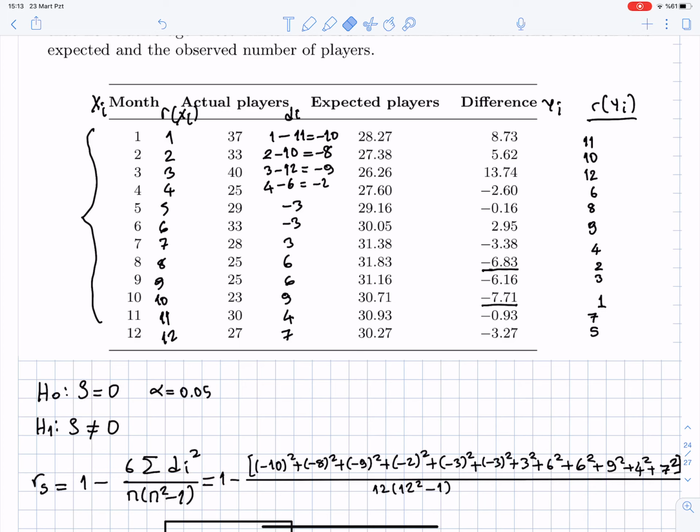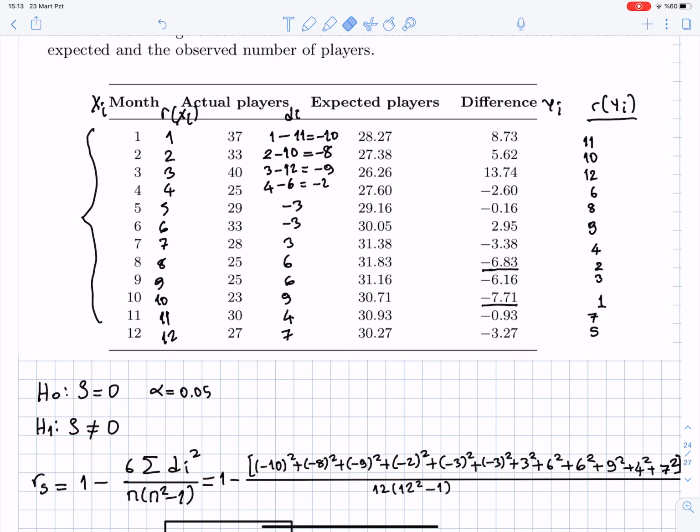There are some other correlation coefficients in the literature. Since we're running out of time for this lecture, I'm not able to lecture you on the other correlation coefficients, but I can tell you the name of those types.